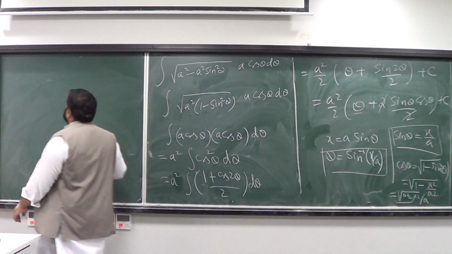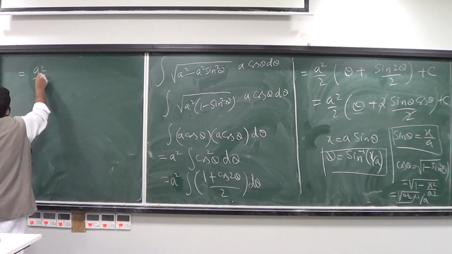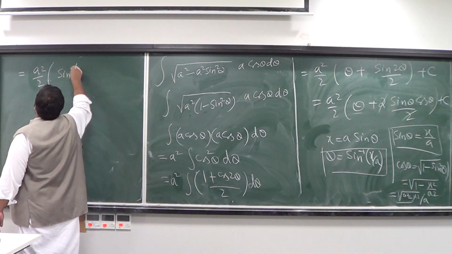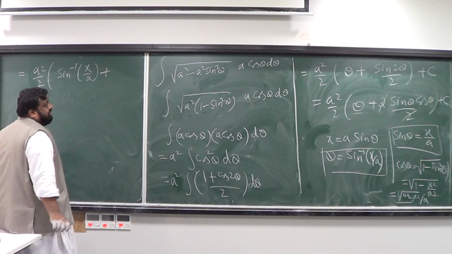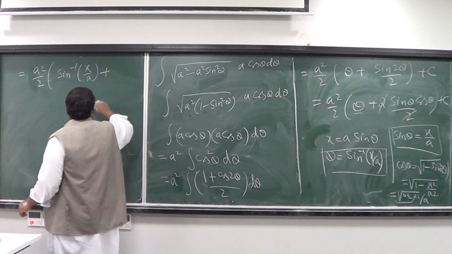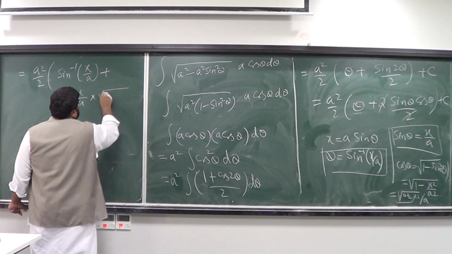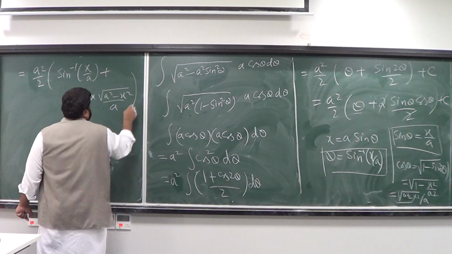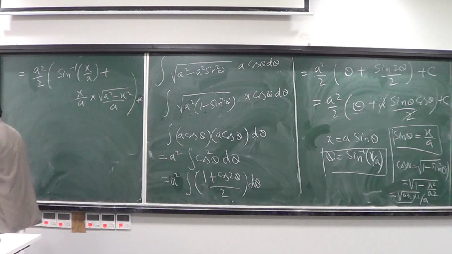When you substitute them back, what you're going to get is a square over 2 times sine inverse x over a plus sine theta, which is x over a, multiplied by the square root of a square minus x square over a, plus the constant c. Okay, plus the constant c.